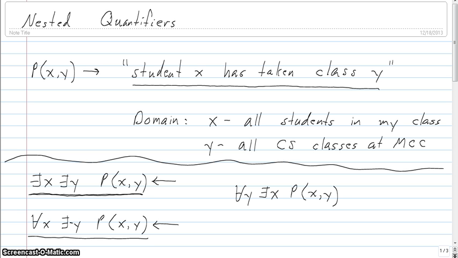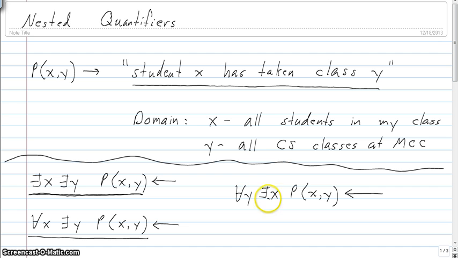Or equivalently, you're just being picky about the wording, you might word it a little bit differently, but you might say, every student in my class has taken at least one computer science class at MCC. Either of those translations would be perfectly fine. Slightly different, but correct nonetheless.